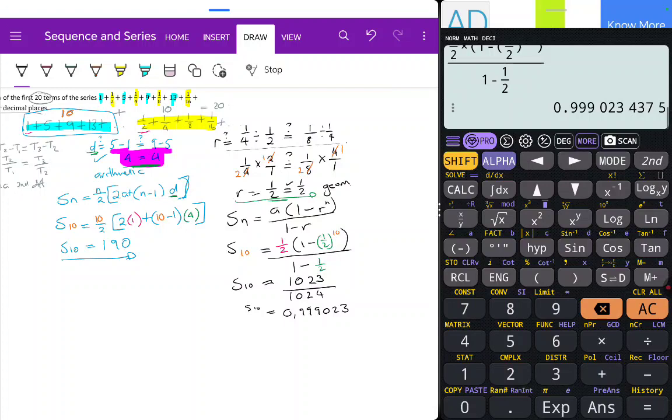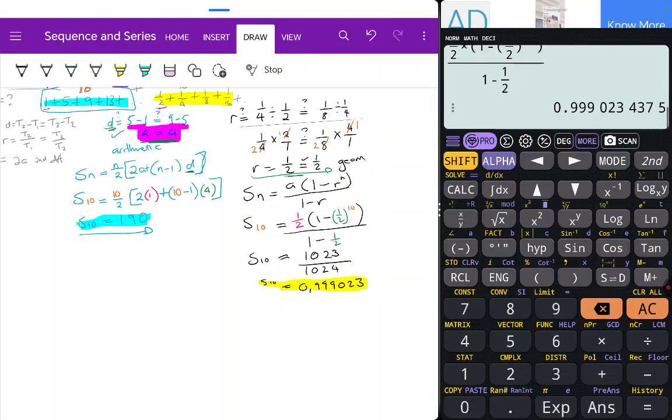So 10 blue equals 190, and 10 yellow, if we do that, we say, okay, that's the blue series, arithmetic, and that's the yellow series, geometric. So let's add them up.